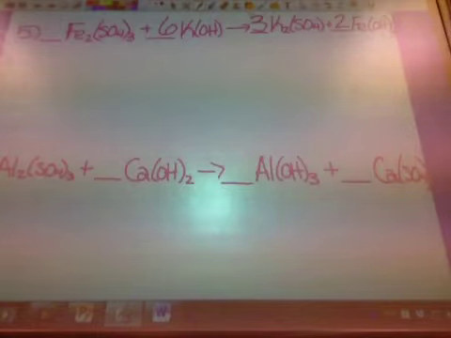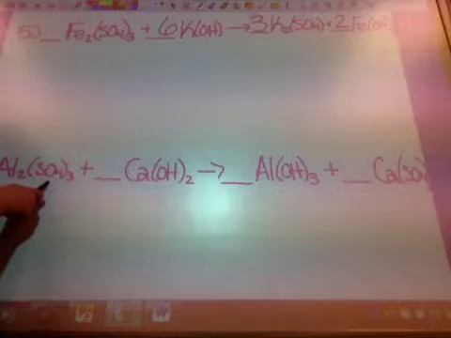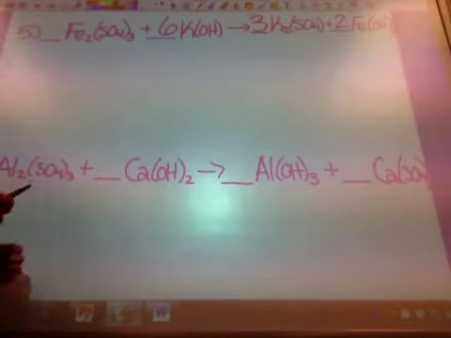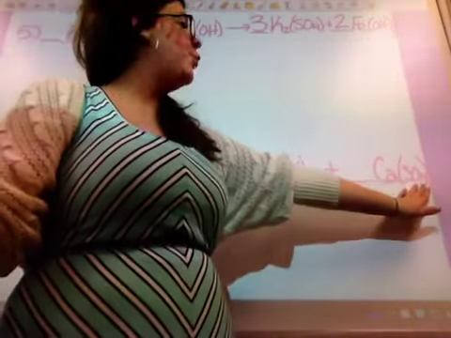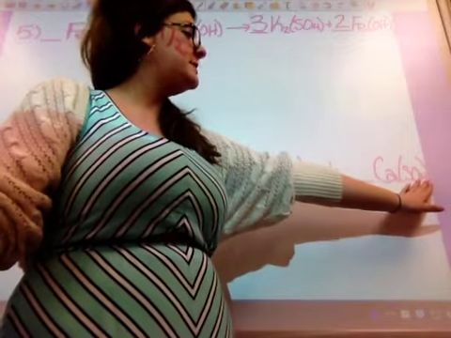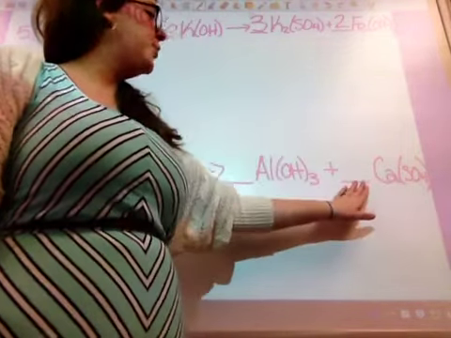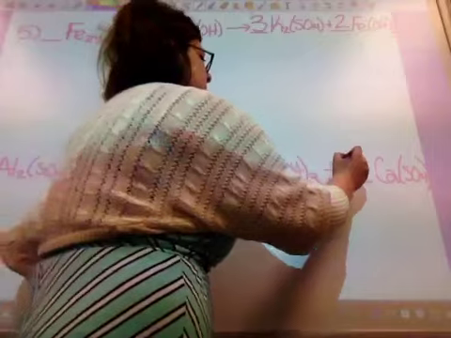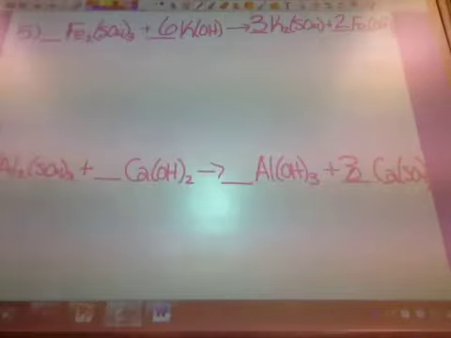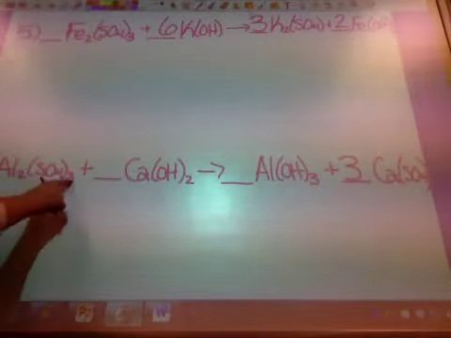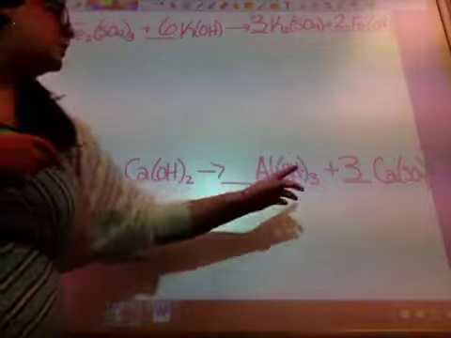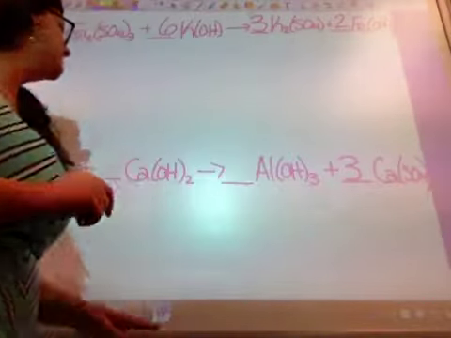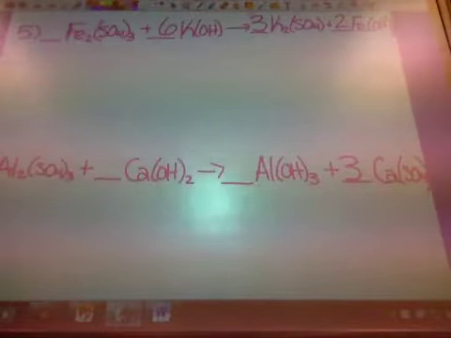So if I have 3 SO4s on this side, I need to look over here. I only have 1 SO4 on this side. So to get 3, what number will I have to write in front? 3. Okay, so just check again. 3 SO4s, 3 SO4s. But now I need to look at calcium.